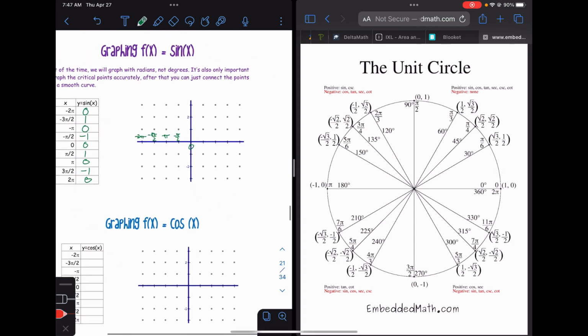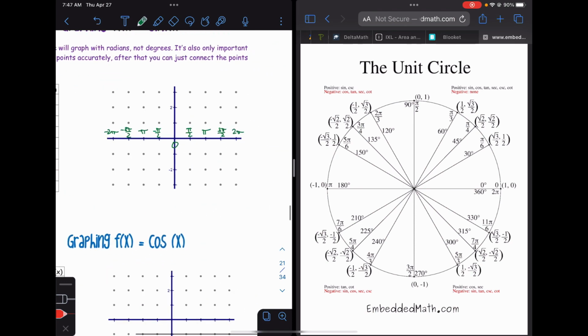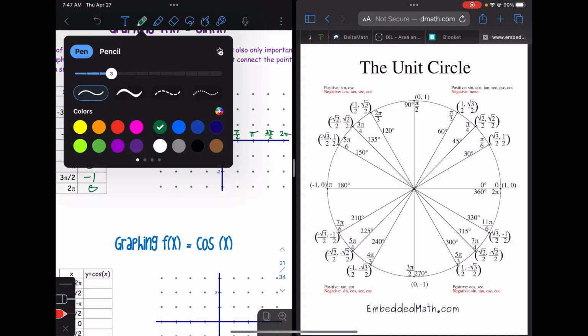And the same thing over here: pi over 2, pi, 3 pi over 2, and 2 pi. You can see our y-axis is already labeled 1, 2, 3, like typical. So then we can go ahead and actually graph this now.